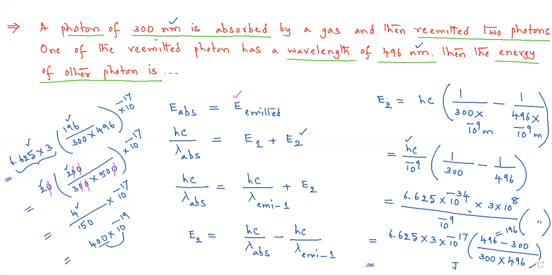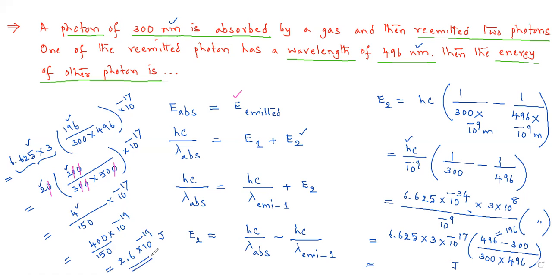Is that right? So even that way it can be written by 150. Now it is very easy to simplify. Round about 6, so 2.6 into 10 power minus 19 joules.